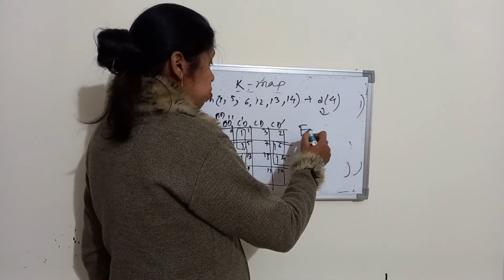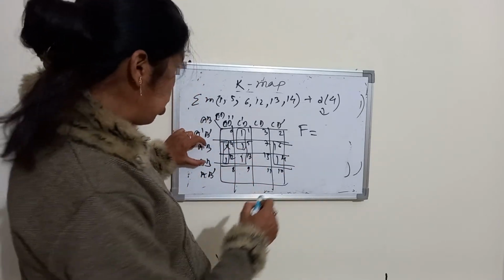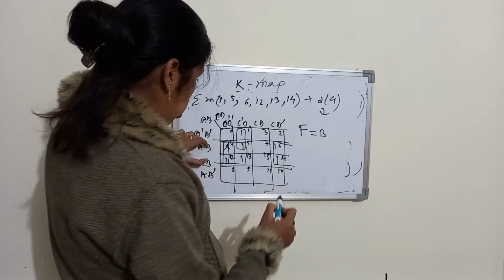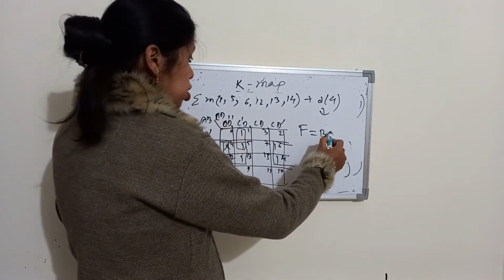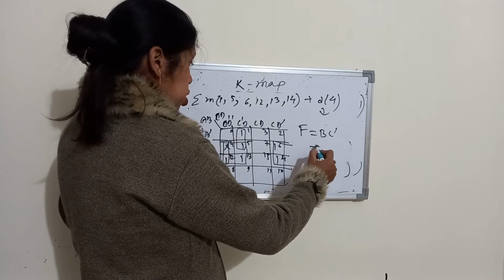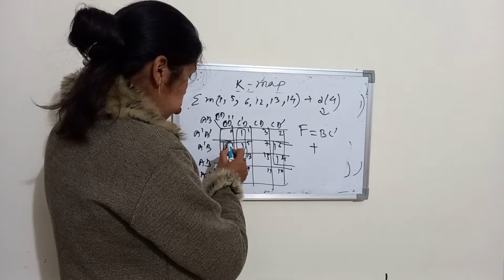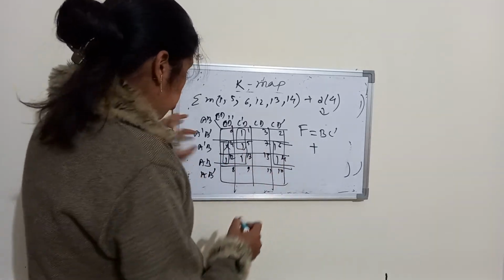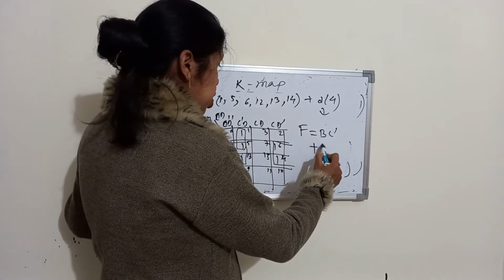So what will be the function now? First quad: if you see this value, b is constant, right? For this first quad, c prime is constant. Now plus, for adding the second group I have to put a plus sign. For this quad I am taking this value, again b is constant.